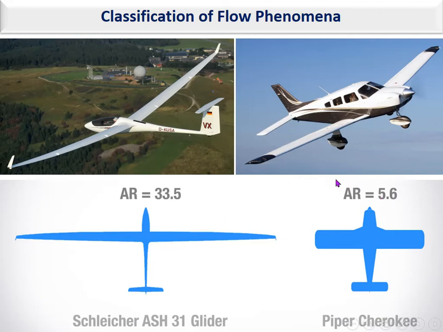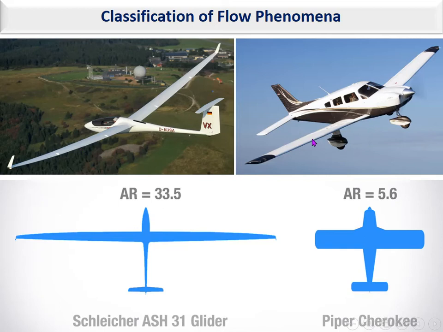What's the relation between this and the topic we are discussing? If you remember, we were discussing one, two, or three-dimensional flow. I want to say that when solving the flow on the wing of a glider, as I show here, you may consider this as a two-dimensional flow.